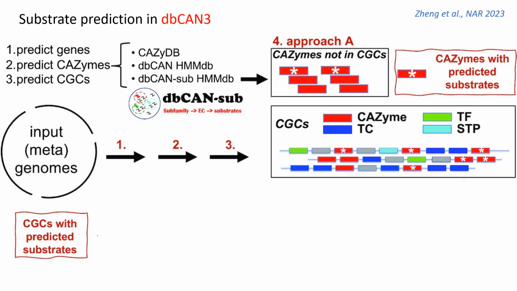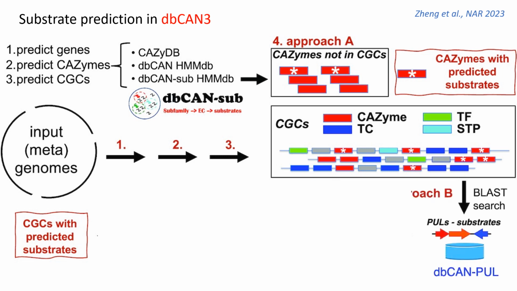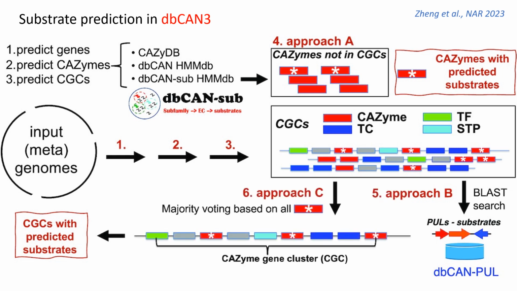By employing the dbCAN-sub annotation, users obtain the initial substrate annotation for CAZymes that were not present in CGCs. For those CGCs predicted by CGC-Finder, in addition to the method mentioned before, we also use another method called the voting method to select the substrate with the most votes for the CGC, based on the result of dbCAN-sub. These are updated on GitHub and also our web server.